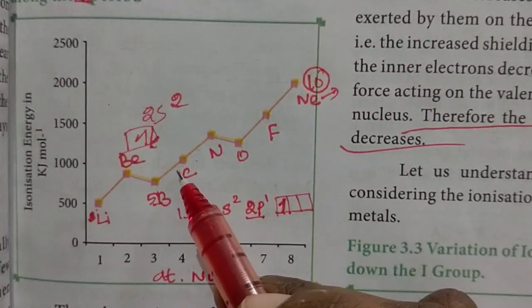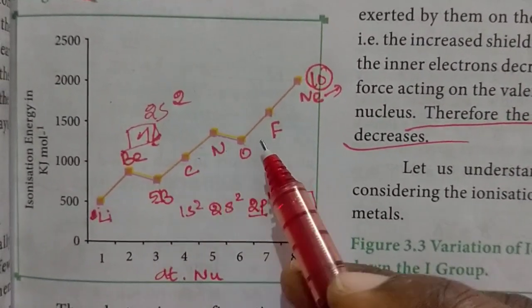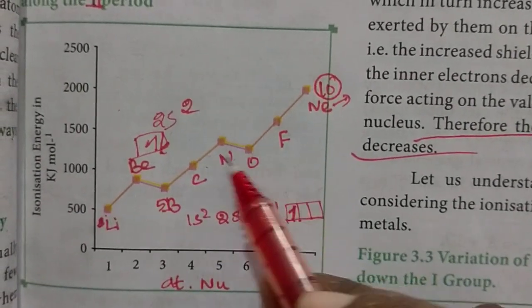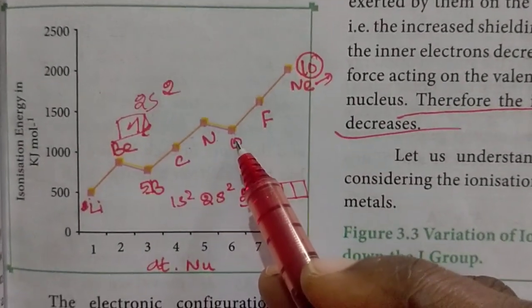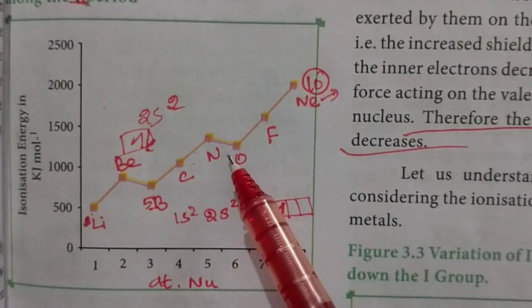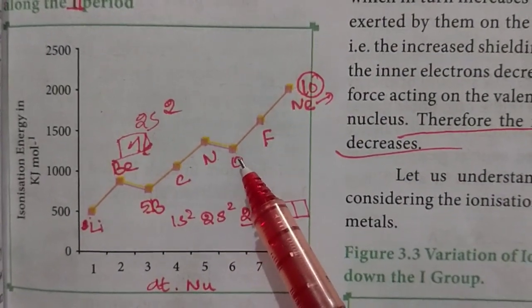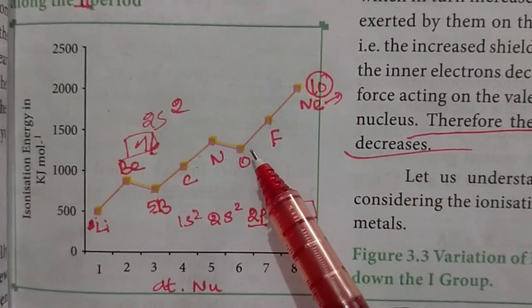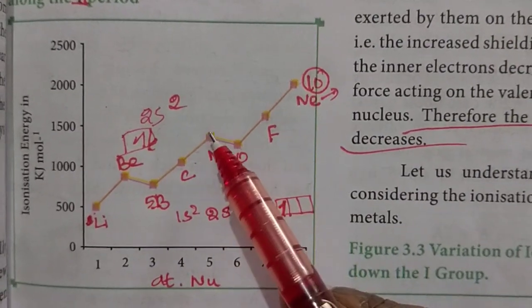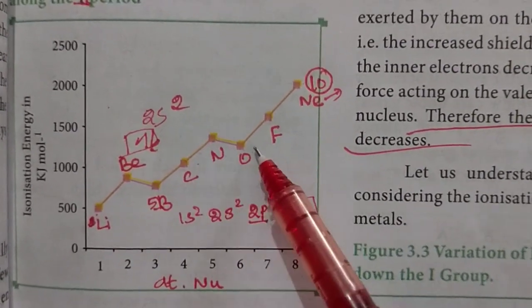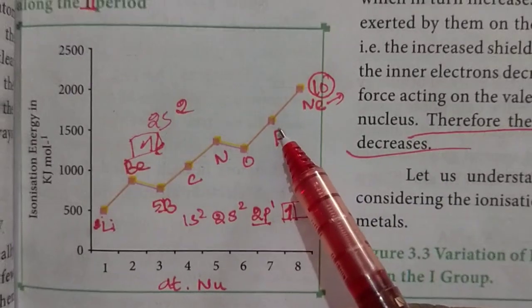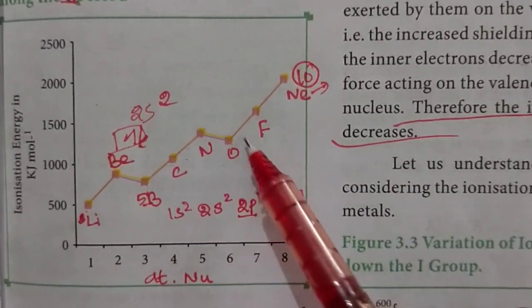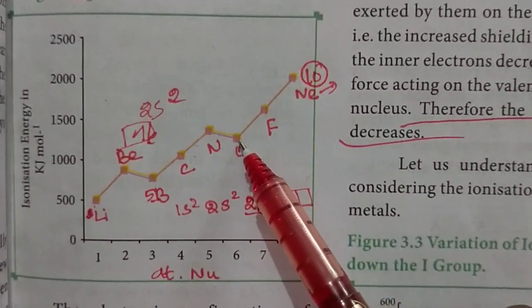So leave that one now and come to this topic: carbon, nitrogen, oxygen and fluorine. Carbon is 6, nitrogen 7, oxygen 8. Compare nitrogen and oxygen. Which one has the higher atomic number? Oxygen has a higher atomic number than nitrogen. Nitrogen is 7 and oxygen is 8. Fluorine is 9. But you can see the deviation in nitrogen and oxygen.